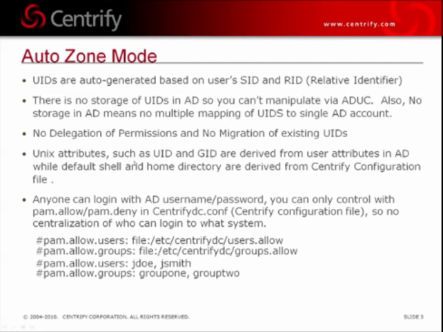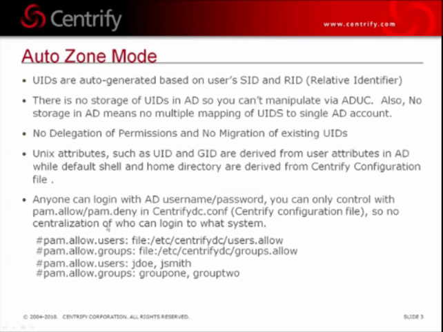Unix attributes such as UID and GID are derived from user attributes in AD, while the default shell and home directory are derived from the Centrify configuration file. Anyone can log in with AD username and password. You can only control with PAM allow and PAM deny in the Centrify configuration file.